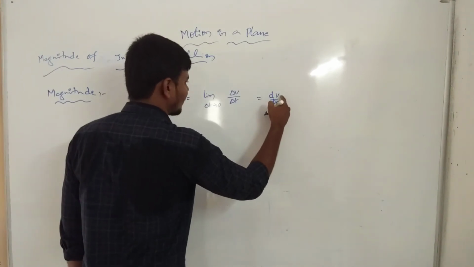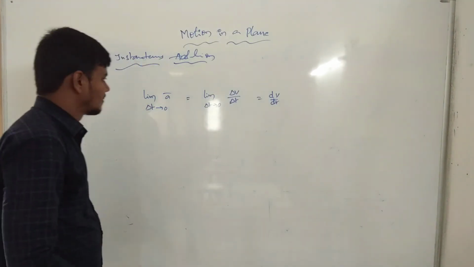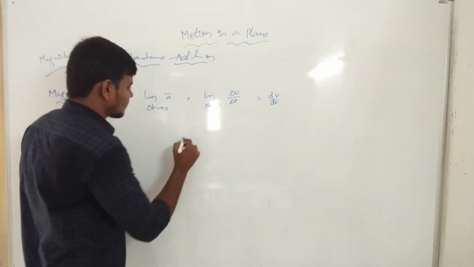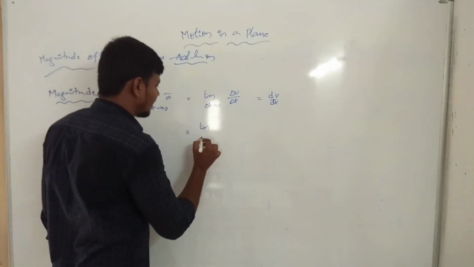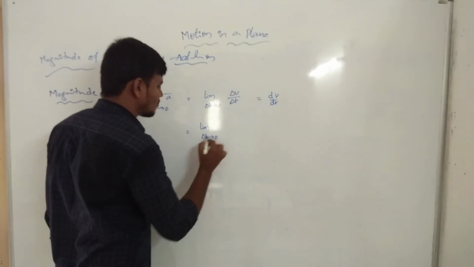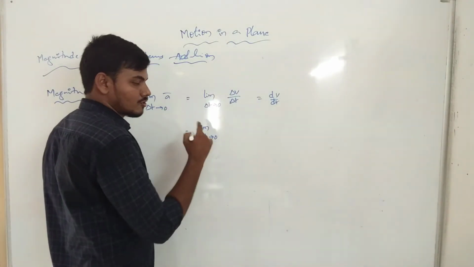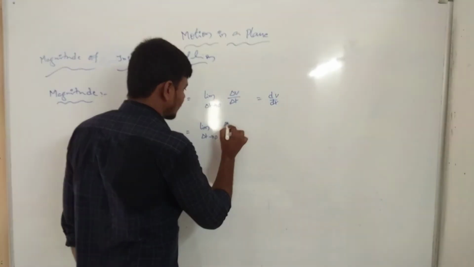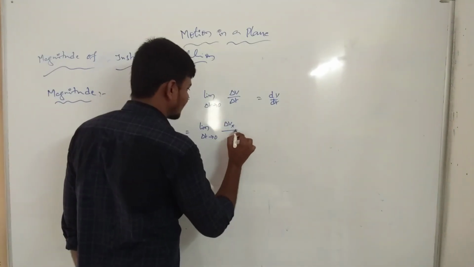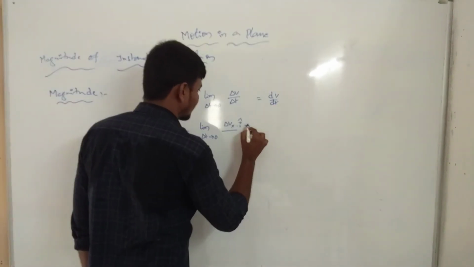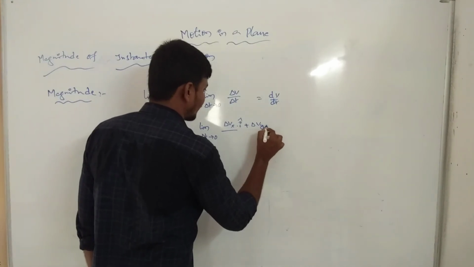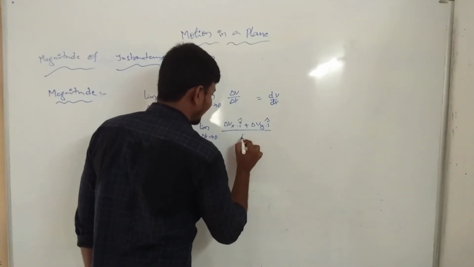The rate of change of velocity is known as acceleration. Clear? Now we apply the limit as delta t tends to 0. In x and y representation, delta v along the x-axis into i cap plus delta v along the y-axis into j cap, by delta t.